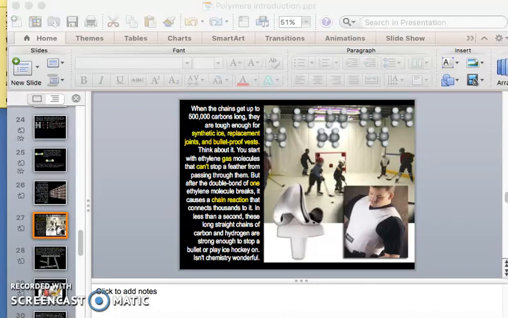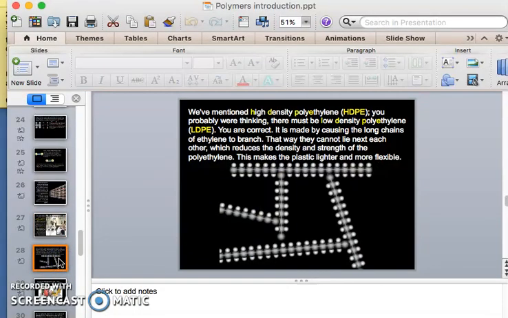Actually, these are called ultra high density polyethylene, if I'm not wrong, because it goes up to 500,000. Let's look at another one. So we've talked about high density polyethylene. This is low density polyethylene again.